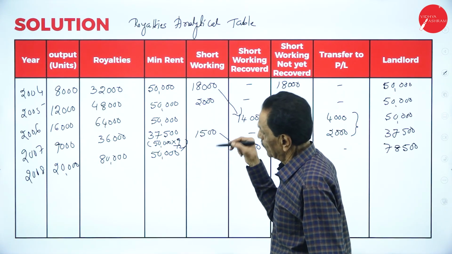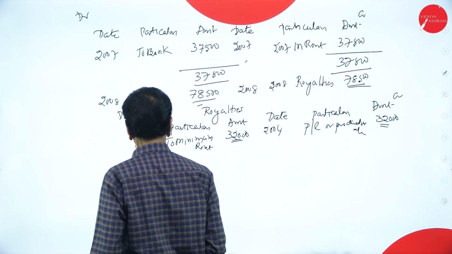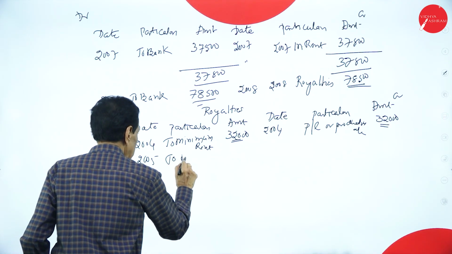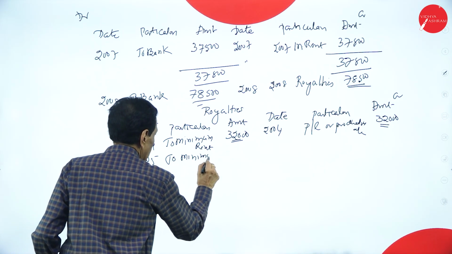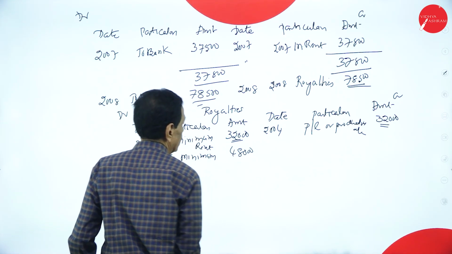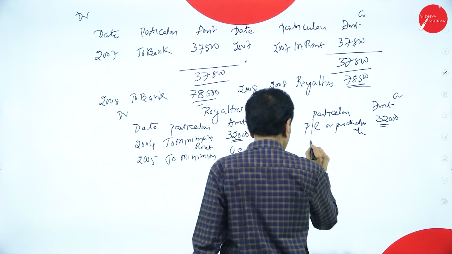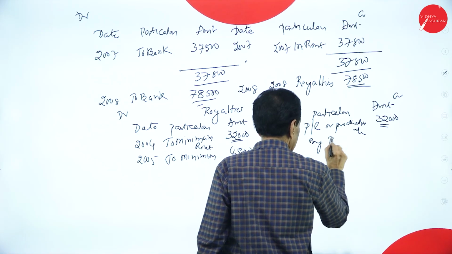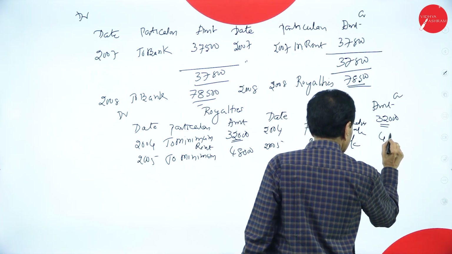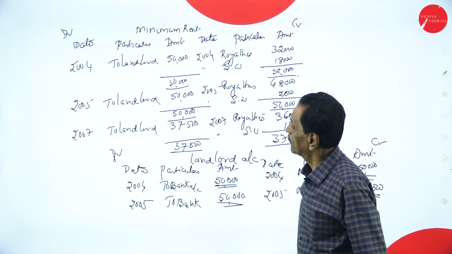Royalties account debit, short working account to minimum rent, 2005, to minimum rent, 48,000. 2005 by profit and loss account, 48,000. Two years, so transfer it.